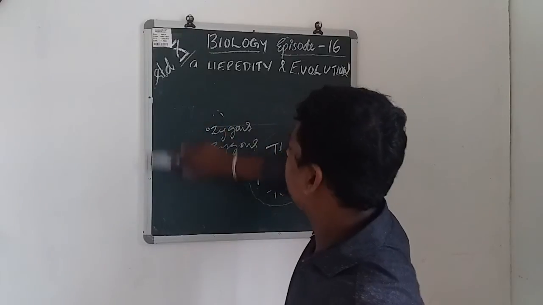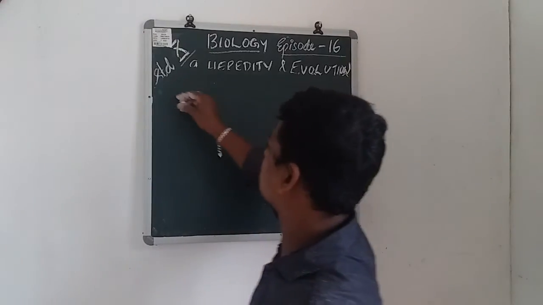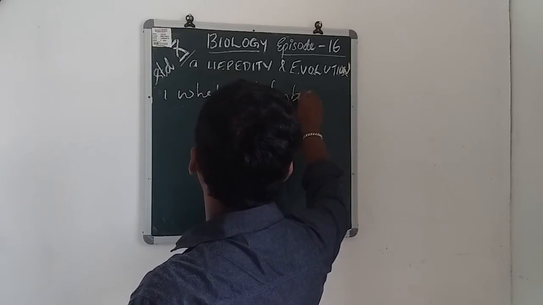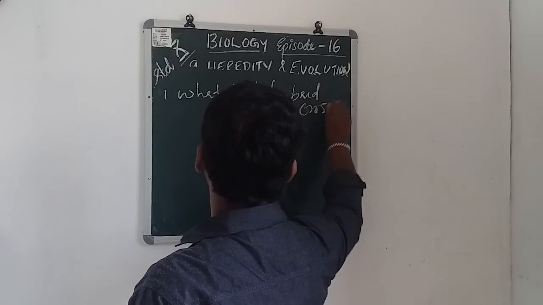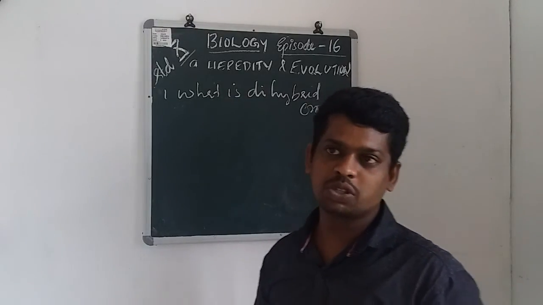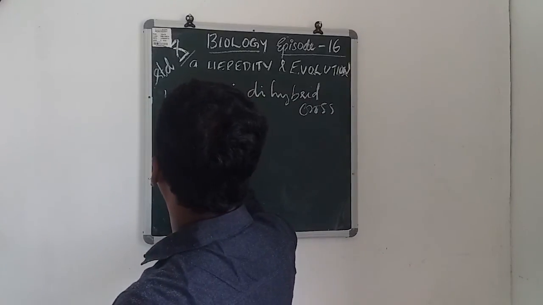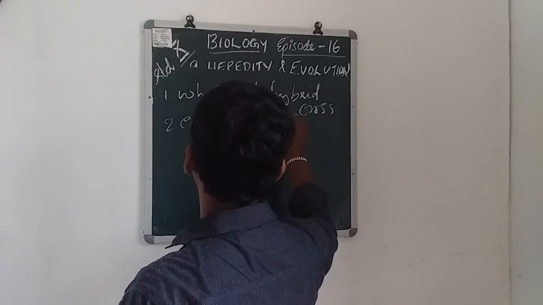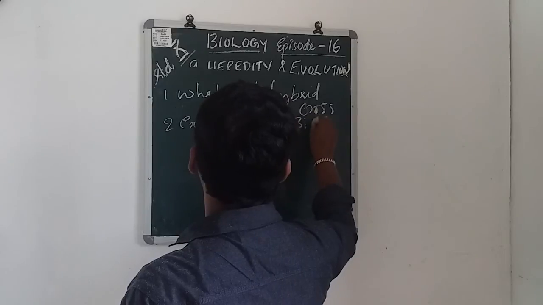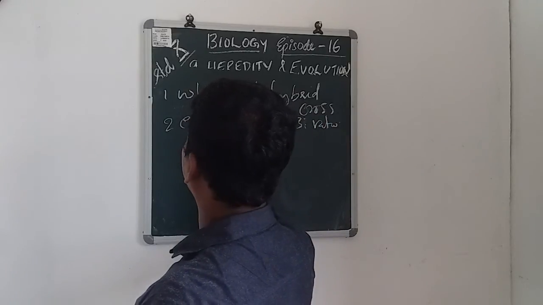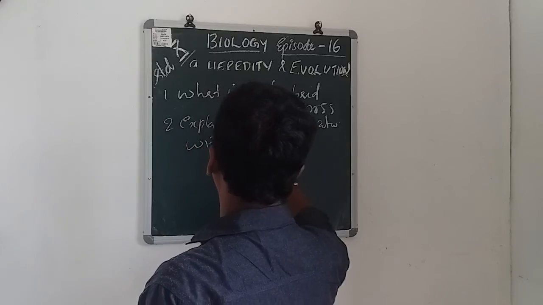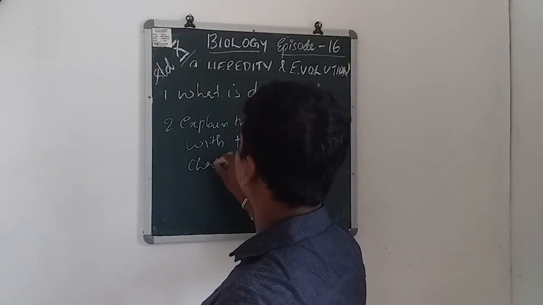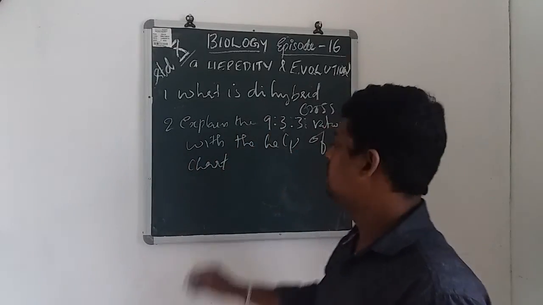Okay. Yes, I will give you some questions. What is dihybrid cross? What is dihybrid cross? Explain the 9:3:3:1 ratio with the help of chart.